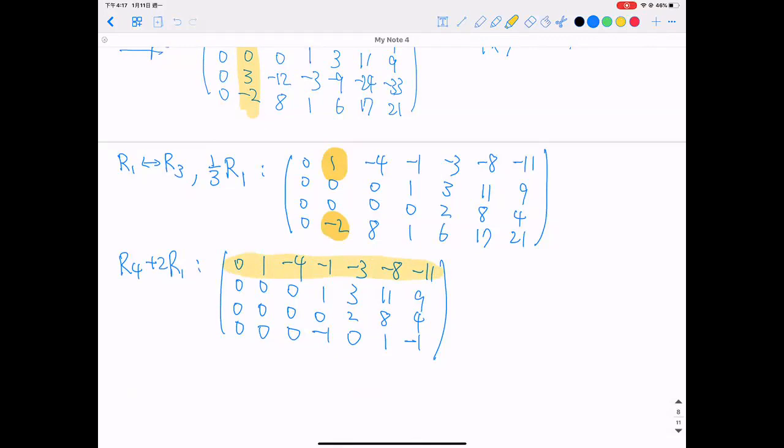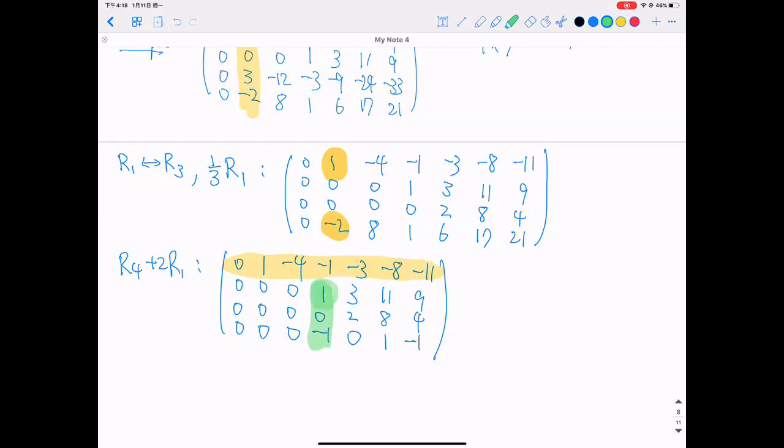So then what do we do? For that we find the first column containing non-zero entries, and that's this one. We also need to make sure the first row contains a non-zero entry in this column.